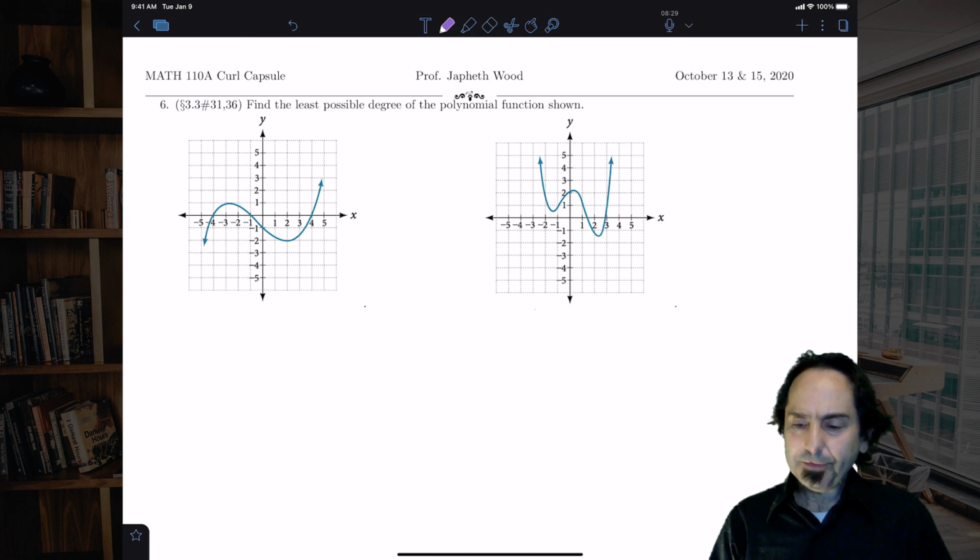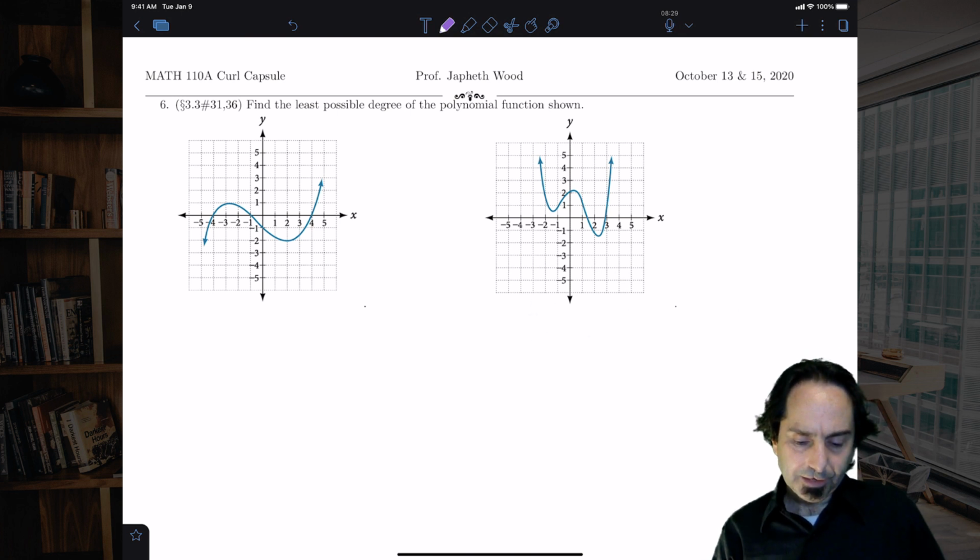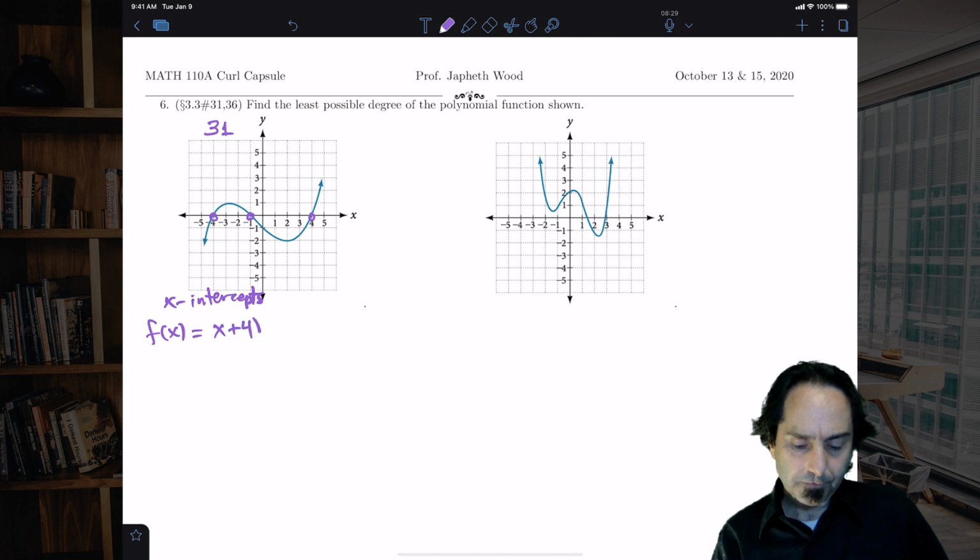One thing that we can notice is that this first one, 31, has x-intercepts at negative 4, negative 1, and 4. So that means that f of x must have factors x plus 4, that's for that x-intercept, and x plus 1, that's for this intercept, and an x minus 4.